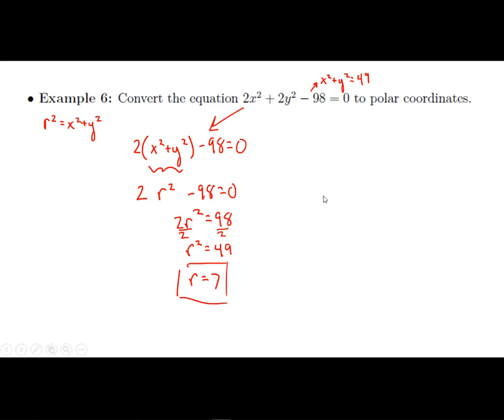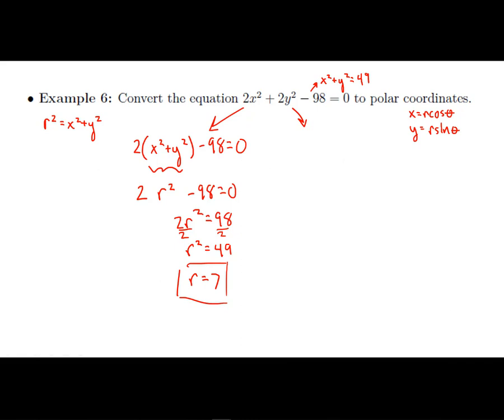Now, let's say that you didn't immediately see the fact that you could make x squared plus y squared appear. If that's the case, you're not sunk. What you could do is say, all right, well, I know how to substitute out x and y. I can just use r cosine theta and r sine theta.